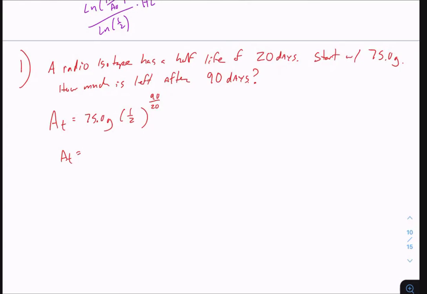How much is left? Maddie, what'd you get? 3.315 grams. Yeah, we'll go 3.31. Okay, these numbers I gave you, the sig figs are kind of sloppy, right? In general, you try to follow the rules.